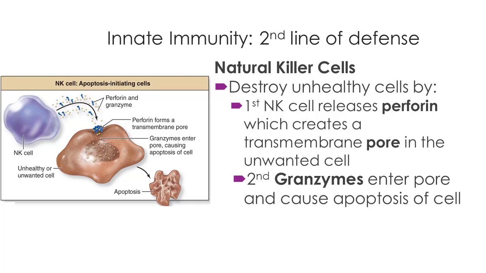perforin. Perforate. What does it mean to perforate something? Poke a bunch of holes in it. Well, these proteins will basically make a transmembrane hole in the bad cell. And so everything leaks out. Then you secrete these granzymes, and these again are digestive enzymes and chemical signals that cause the cell with a bunch of holes in it now to undergo apoptosis.